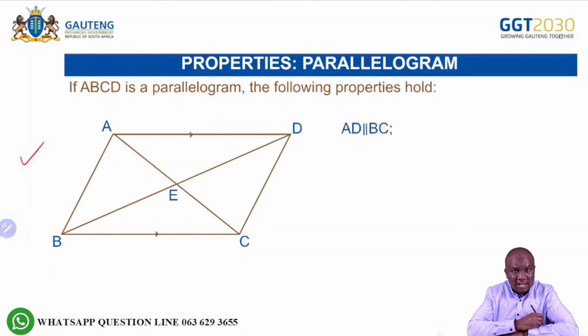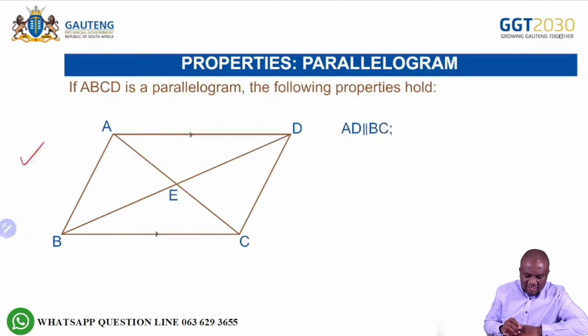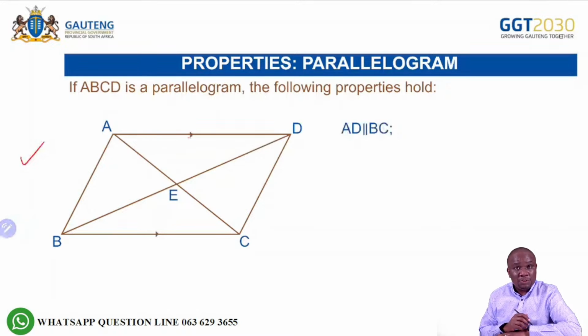Please write that as I explain. And how do we show that on the diagram? Put the arrows. Do you see the arrows I've added along AD and along BC? It shows that AD is parallel to BC. Write that. AD is parallel to BC.